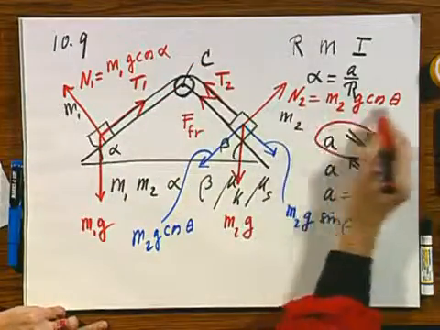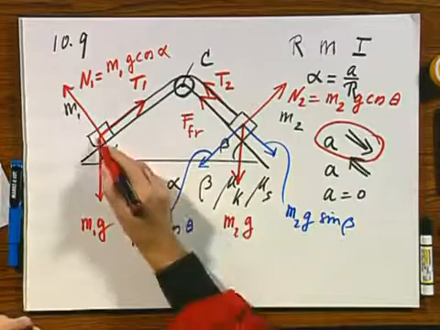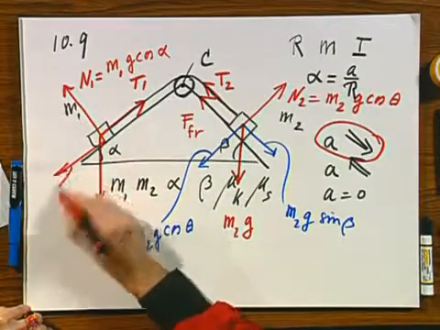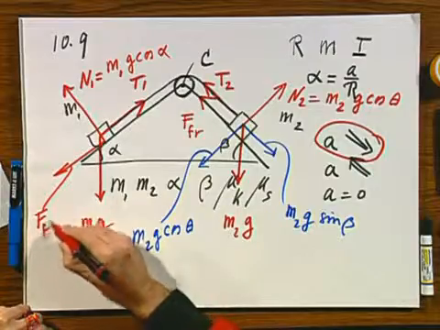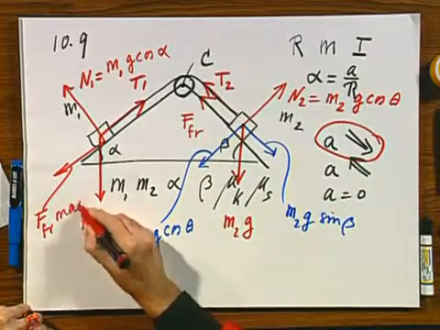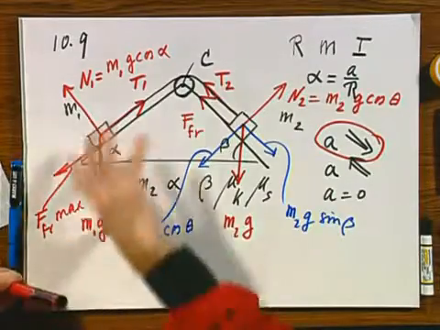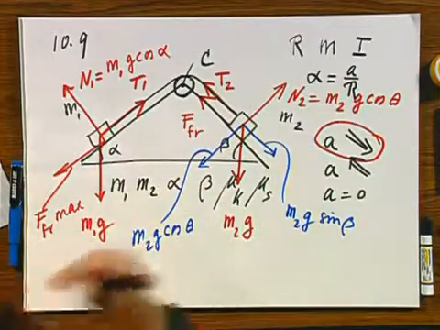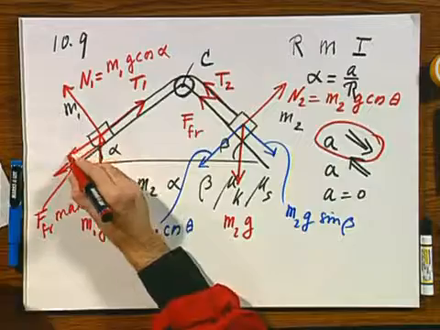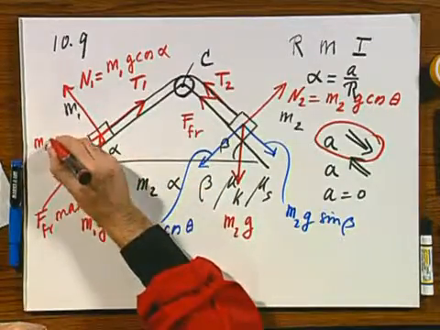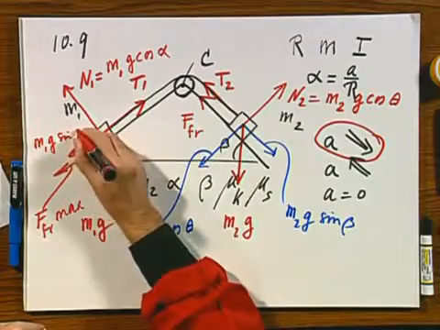In a similar way, I did that here. I now get a frictional force, which is a maximum value here. It is in this direction because the object is going to be accelerated in this direction. That has been my assumption. And then there is the component of gravity, which is m1g sine alpha.